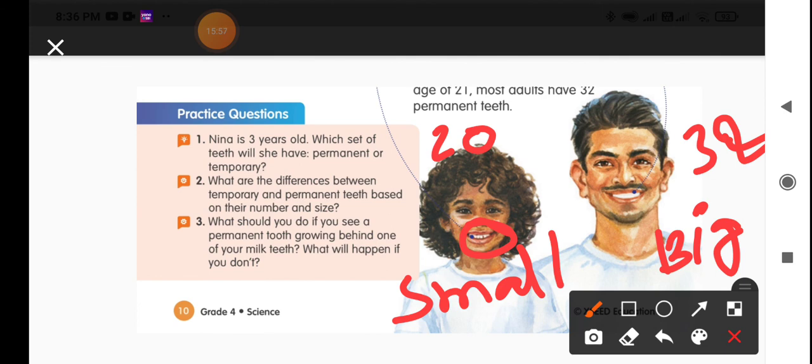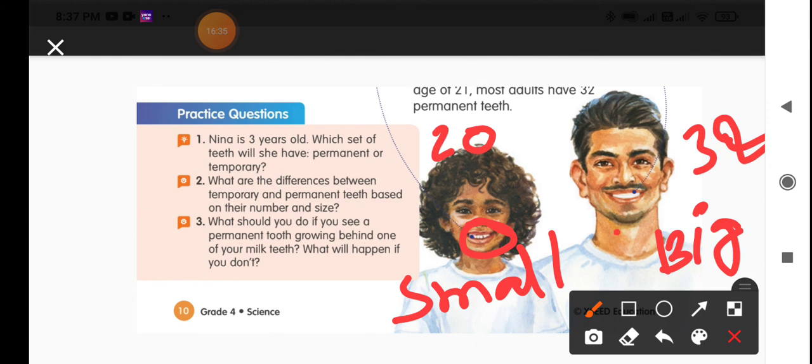What will happen if you don't? It looks a little different. It won't give a beautiful smile to us. So definitely the milk tooth should be removed by the dentist to give space for the permanent tooth to grow in place of the milk tooth. This answer you can write in your classwork. The third answer write in classwork, whereas the first and second you can complete in your textbook itself.